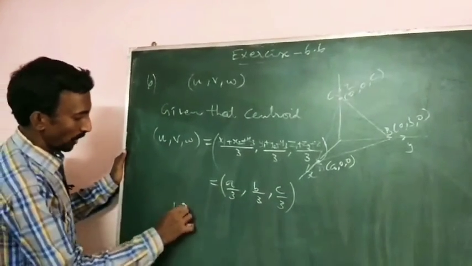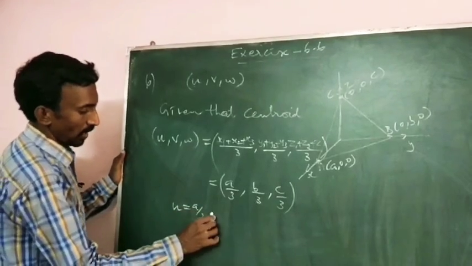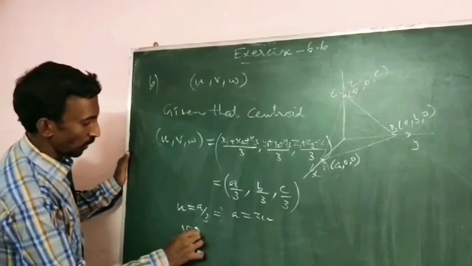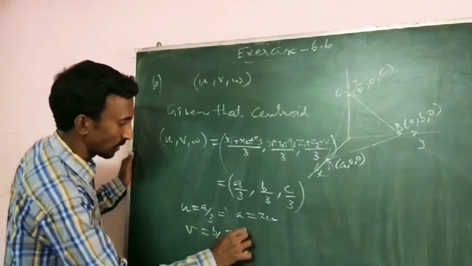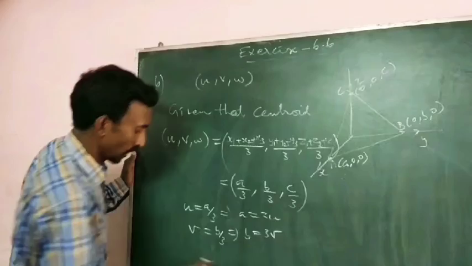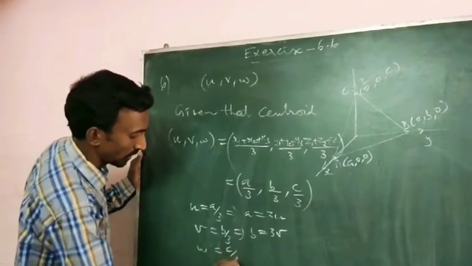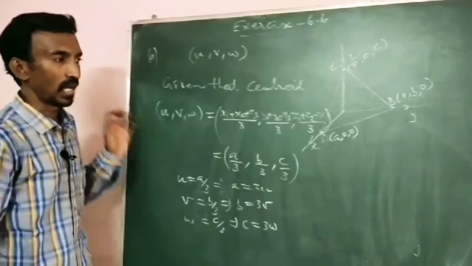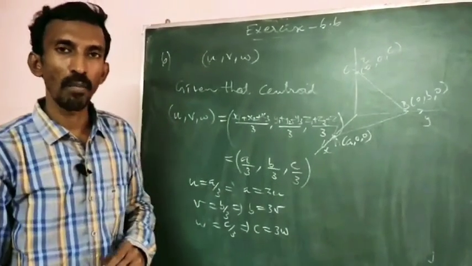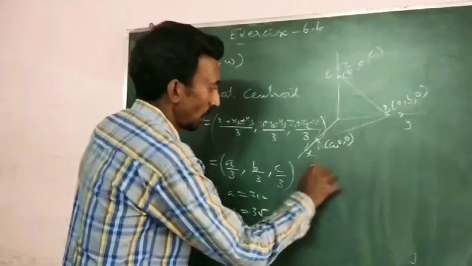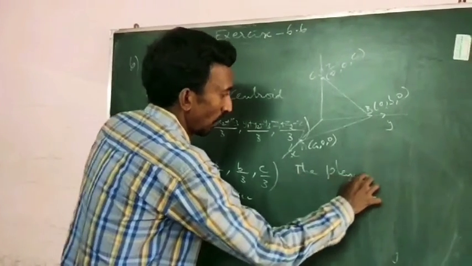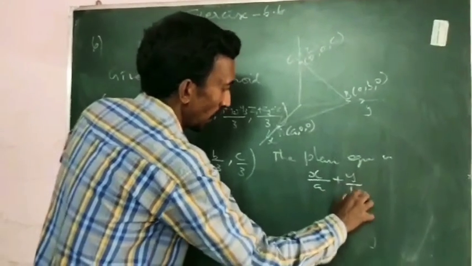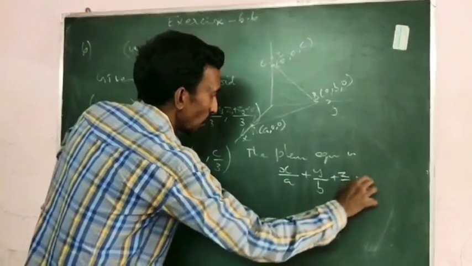So u equal to a by 3, which implies a equal to 3u. v equal to b by 3, which implies b equal to 3v. w equal to c by 3, which implies c equal to 3w. Already we know the intercept form of plane equation. The plane equation is x by a plus y by b plus z by c equal to 1.